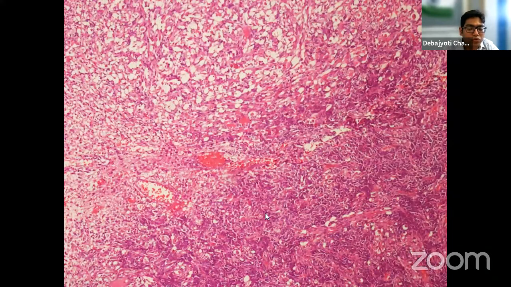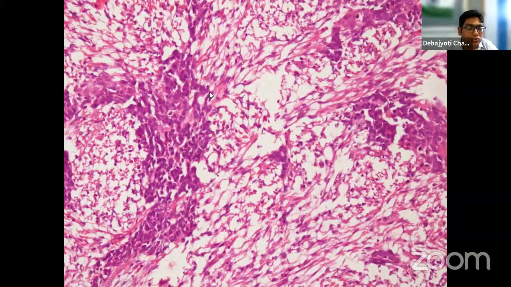Another photo where you can see very undifferentiated cells with readily appreciable mitotic figures, some necrosis, and areas where we can see more of vacuolated clearing. Here these undifferentiated cells intermingle, and in between you have spindle cells showing some clearing.